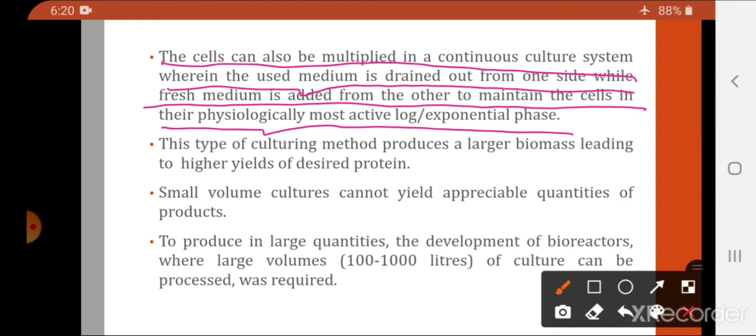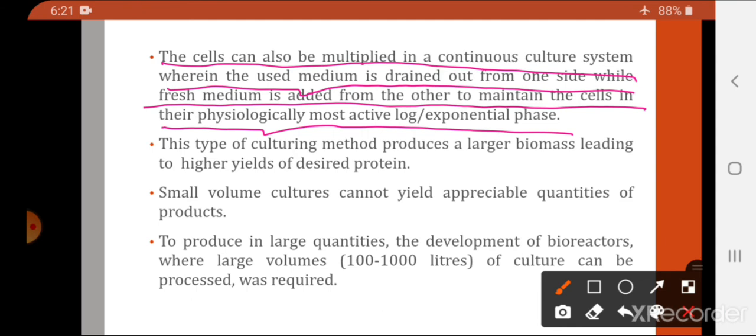मीडियम कि यहाँ पे हम क्या कर सकते हैं, एक जगह से we will add the new medium and from other side what can be done, जो old medium है कि जिसमें से nutrients already use हो चुके हैं, they can be drained out.